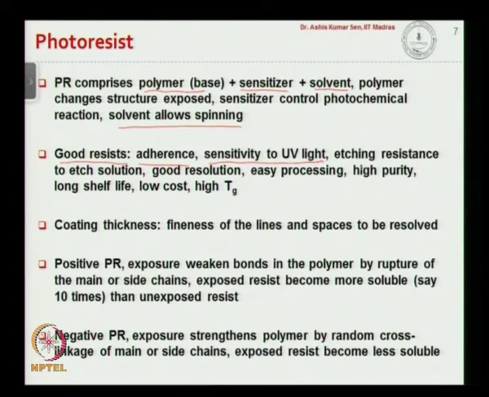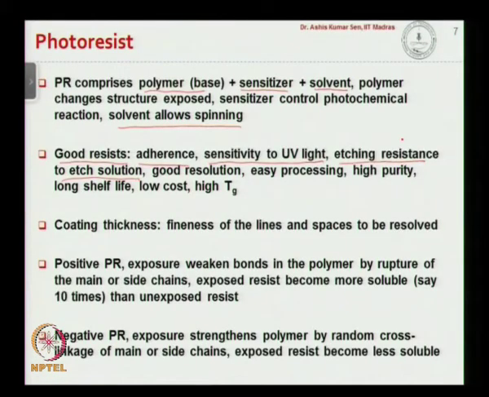The next property is etching resistance to the etch solution. What do we mean? We use photoresist to create a pattern on the surface of a wafer, or the surface of an oxidized wafer, or the surface of a metal in some cases. So we use photoresist as a pattern. When you use photoresist as a pattern and you want to etch the next layer underneath using an etching solution, the masking photoresist layer needs to have etching resistance to the etching solution that we are using.